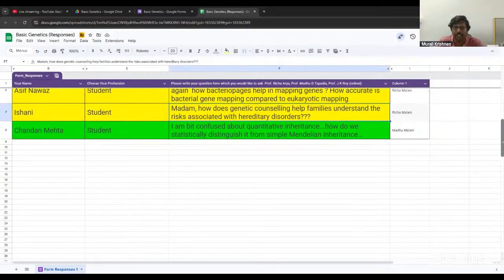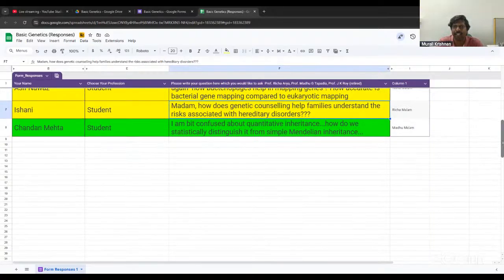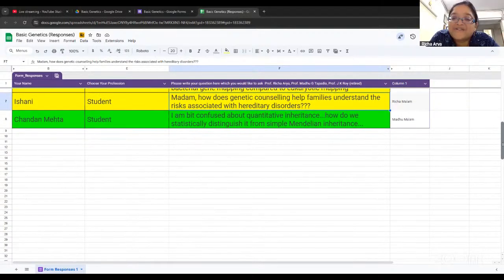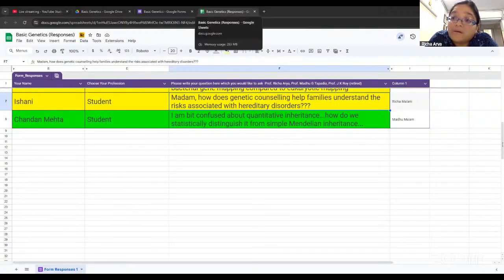The question is, how does genetic counseling help families understand the risk associated with hereditary disorders? When we do genetic counseling, a person presents with some problem, and it's the job of the genetic counselor to identify whether that disorder has a genetic basis or not.